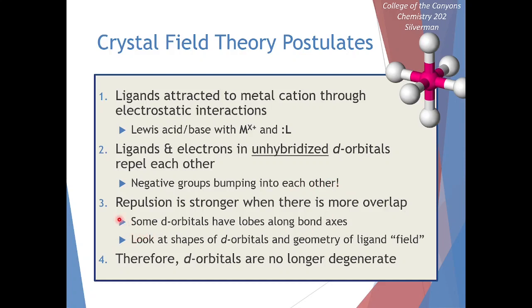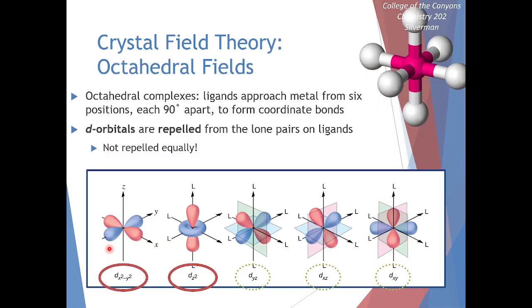There is this repulsion effect when we have a strong overlap between our d orbitals on the metal and our incoming ligands with their lone pairs. We can try to look at the specific overlaps between, well, the individual d orbitals and the incoming, what we call crystal field, the incoming field of ligands.